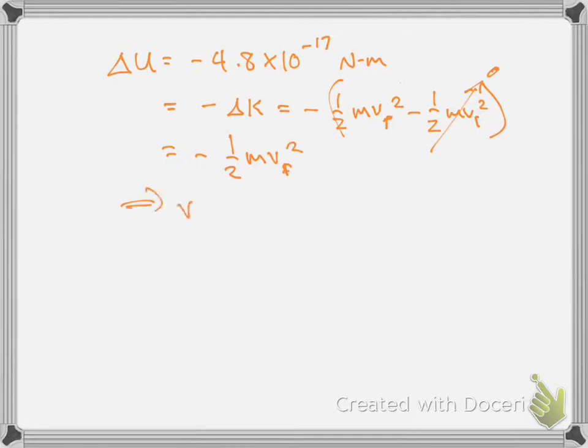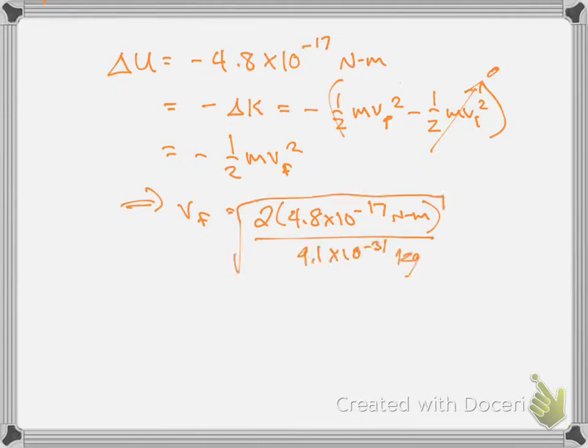So therefore, the final velocity of the electron, the minus signs cancel, and we get 2 times 4.8 times 10 to the minus 17 joules, Newton meters, divided by the mass of the electron, which I just look up in the front cover of the book, Google it, ask Siri, 9.1 times 10 to the minus 31 kilograms, and then square rooted.